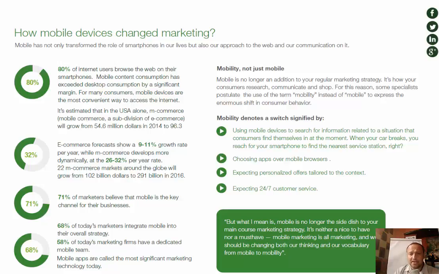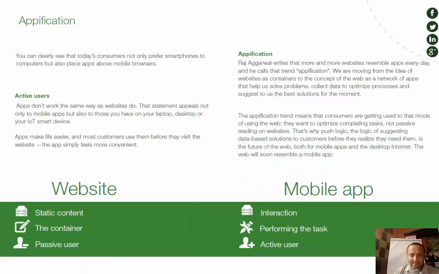When your car breaks, you reach for your smartphone to find the nearest service station, right? Choosing apps over mobile browsers, expecting personalized offers tailored to the context, expecting 24/7 customer service.